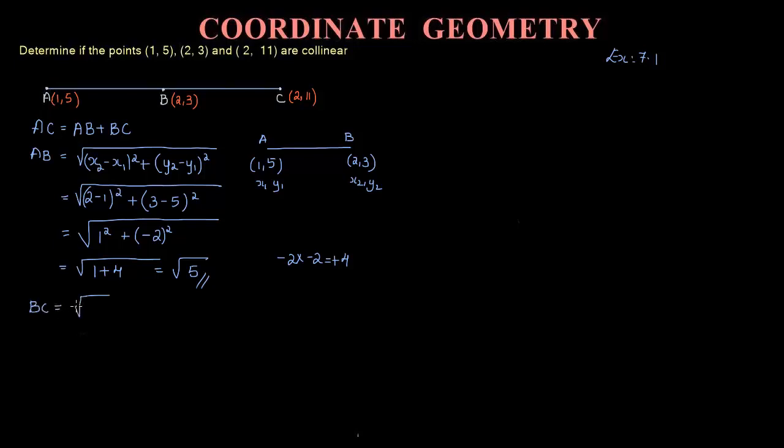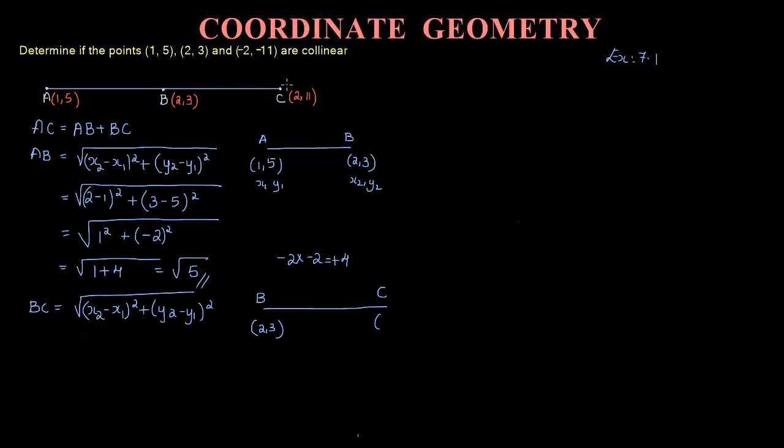So again you need to write the formula, that is nothing but x2 minus x1 the whole square plus y2 minus y1 the whole square, right? So right here the coordinates of B and C. B is 2, 3 and C is, in the question, minus 2 and minus 11.